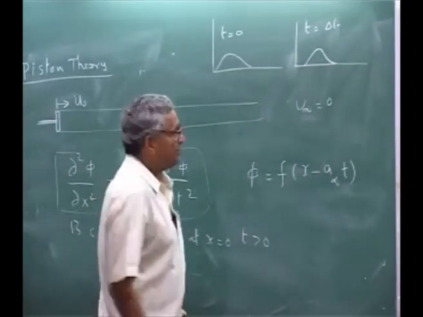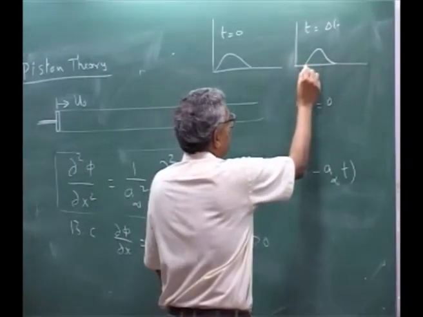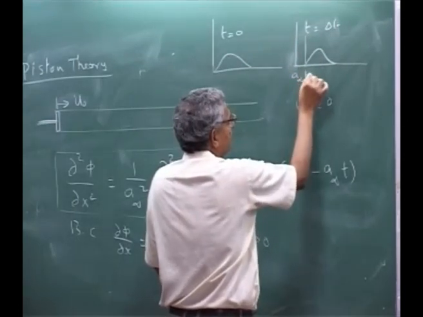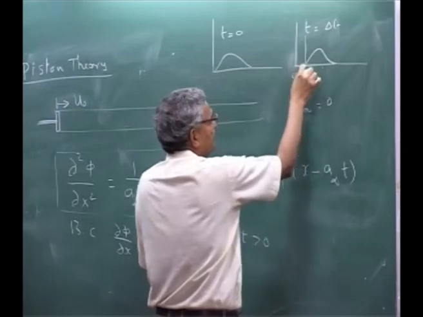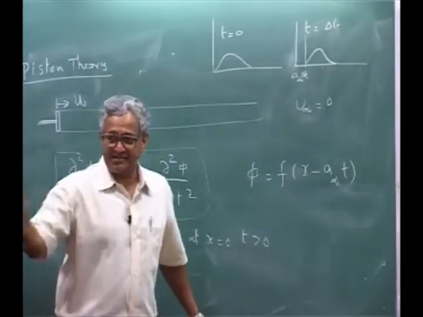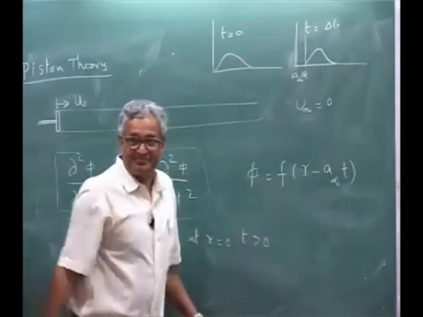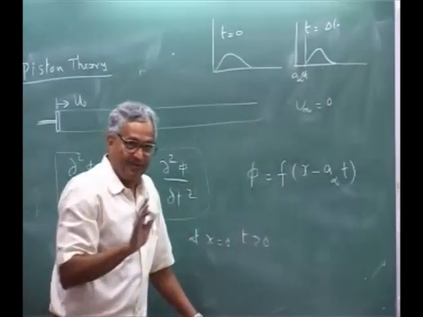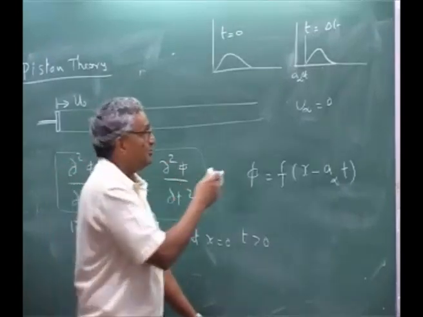That means this equation is what? Because you are only shifting, because the wave moves with the distance a infinity delta t, my x-axis gets simply shifted. This is the right traveling wave. For the left traveling wave, you put a plus sign.